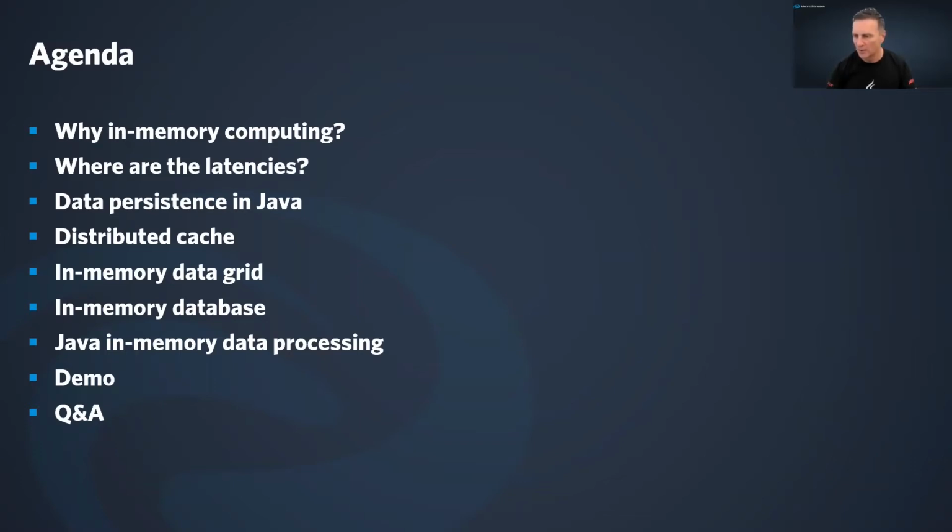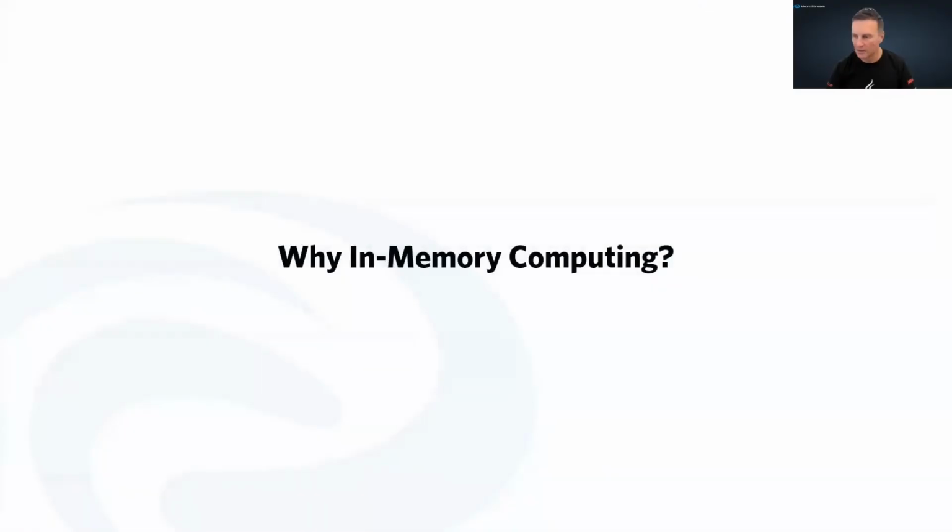How does this work in principle? And then distributed cache, in-memory data grid, in-memory database, in-memory data processing with pure Java, and some MicroStream. Then I also have a demo, and hopefully we have some time for questions. I'm sure we have time for questions. I will stay in the chat so that I can answer your questions.